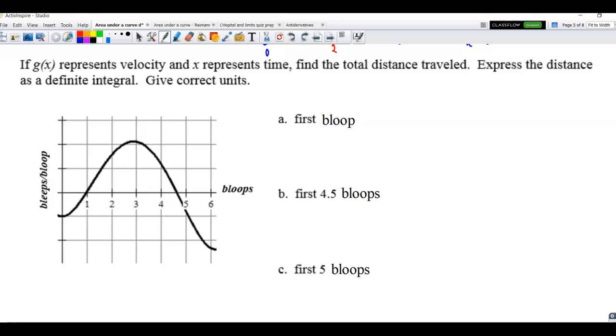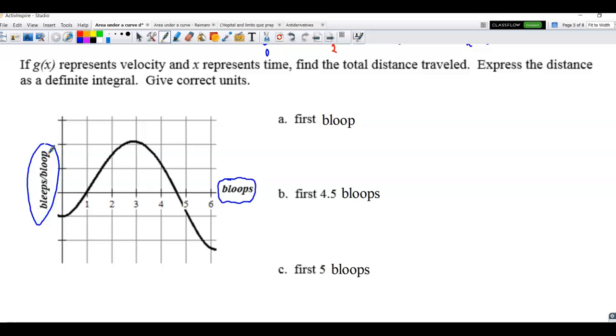Again, an override. It doesn't want net area, but we're going to use net area to get the total distance traveled. Express the distance as a definite integral. Give correct units. Now notice that the time is measured in bloops and the velocity is measured in bleeps per bloop.